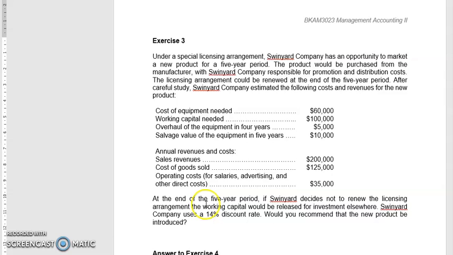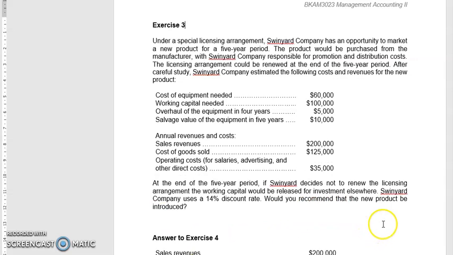At the end of the 5-year period, if the company decides not to renew the licensing arrangement, the working capital would be released for investment as well. The company uses a 14% discount rate. Would you recommend the new product?